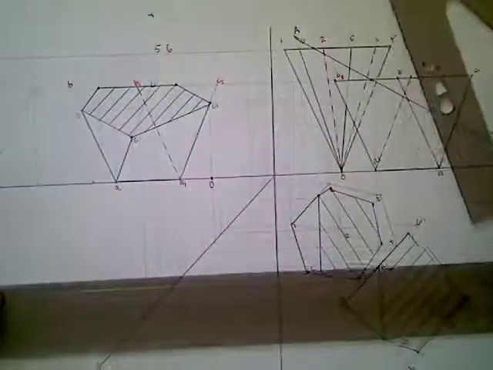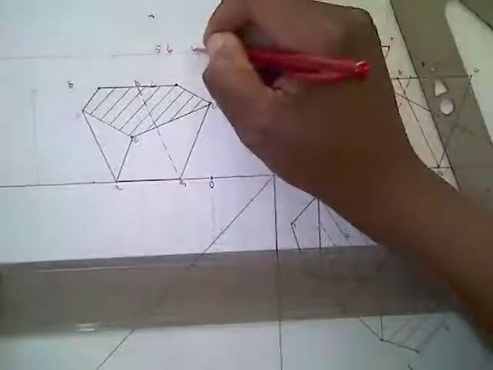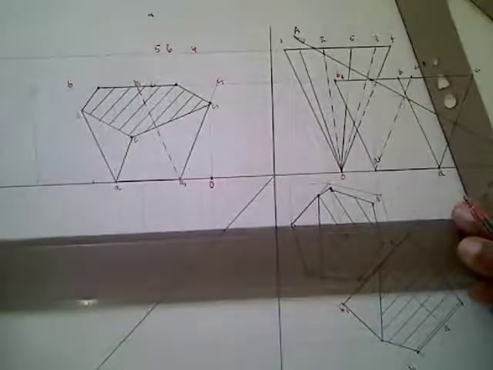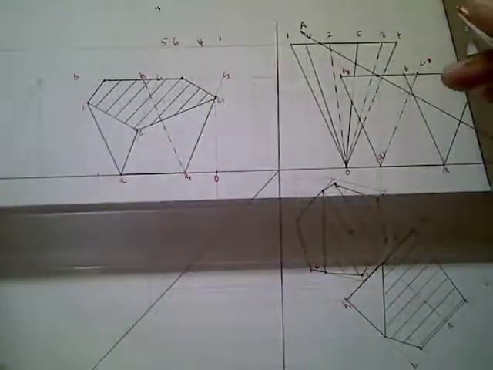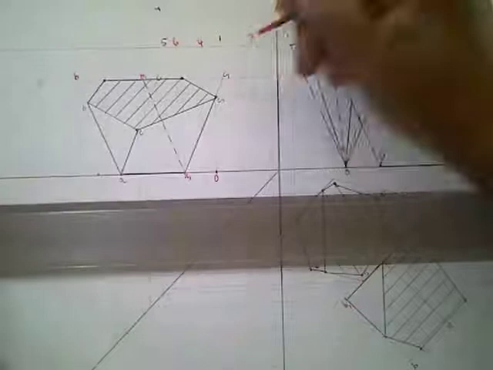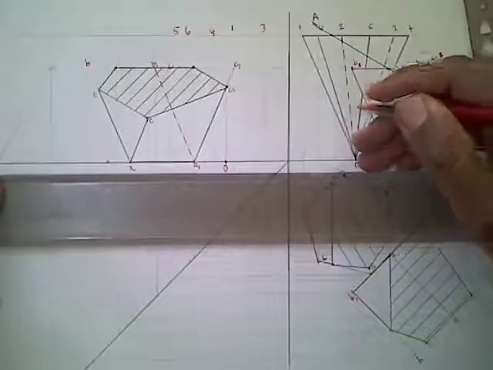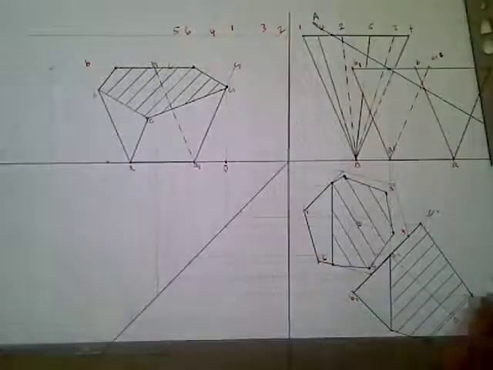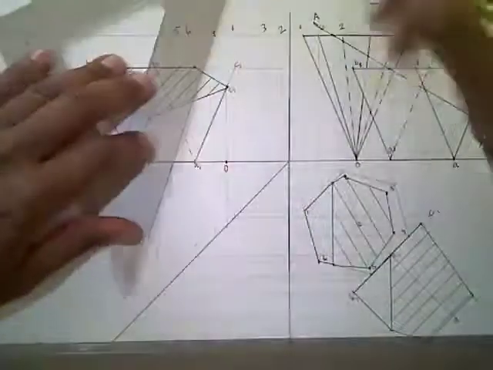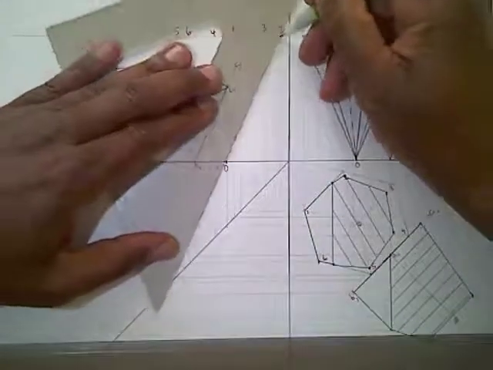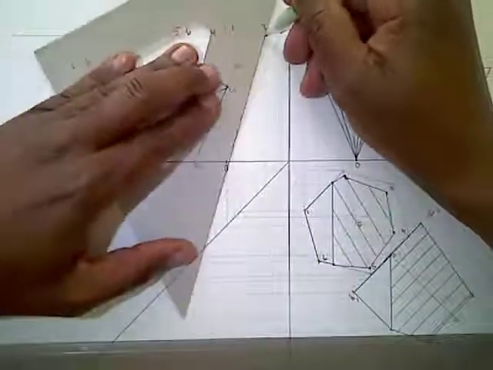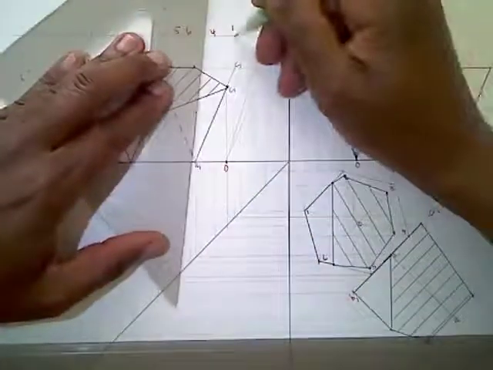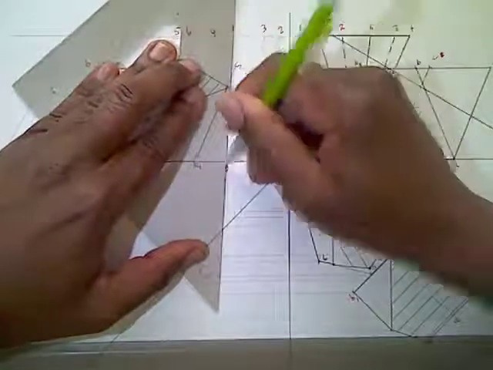Go to number 6. 6, 4, 1, 3, and then 2. All of them converge at 0.